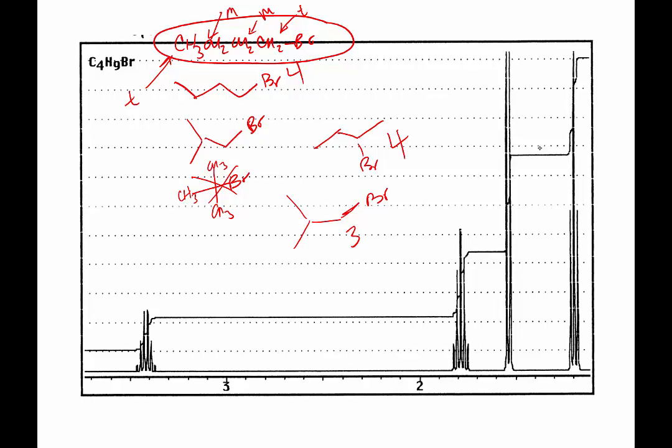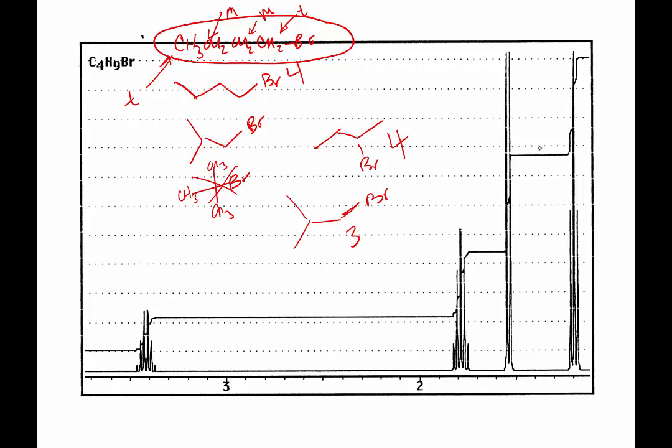Well, right there, I have my puzzle pieces. I got a bromine, a CH, a CH2, and a CH3. How do I put them together? Well, 2 CH3s. How do I put them together? What's going to tell me that? The splitting patterns. So this CH is what? 5 peaks.